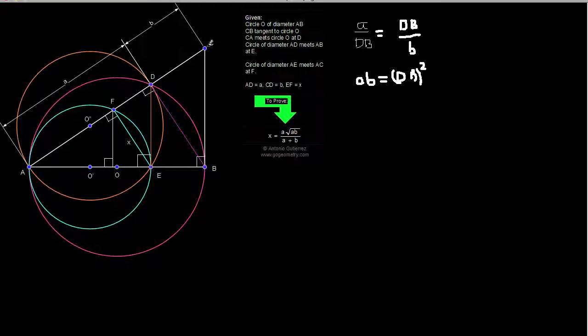Now let's look at two other similar triangles. I want to look at the big similar triangle here, because that diagonal is equal to A plus B. I'm looking at a way to get this A plus B right here. So let's look at this triangle, and we'll say that triangle is going to be similar to this triangle right here.